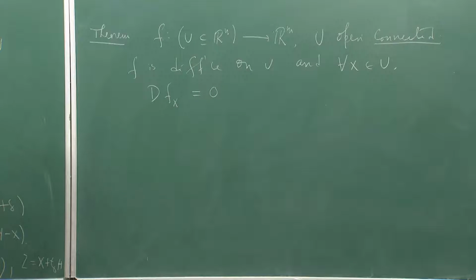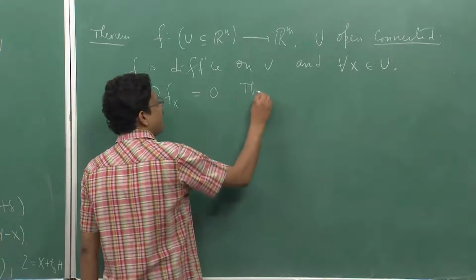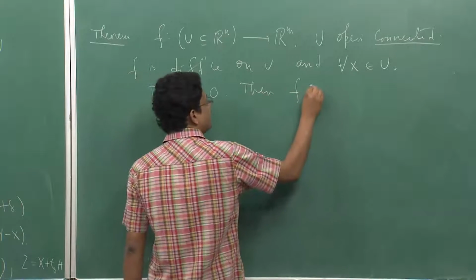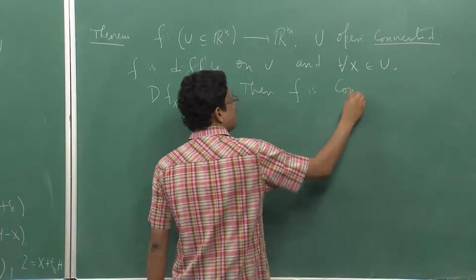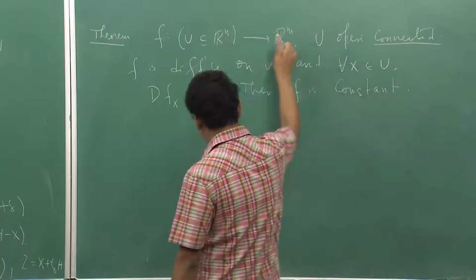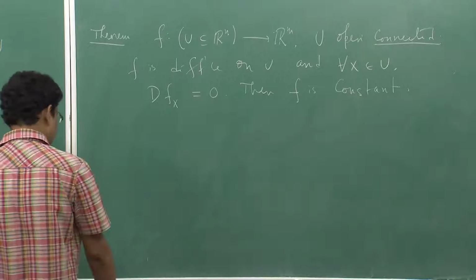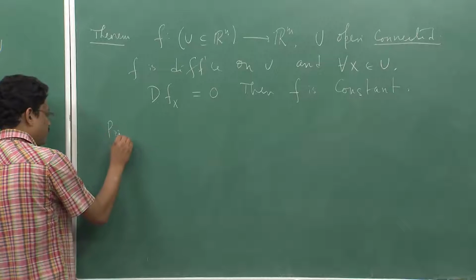So, as a linear operator, this is 0. dfx is a linear operator from Rn to Rm. So, as a matrix, m cross n, it is 0. Then f is constant. There is a constant, a fixed vector in Rm, and this is a direct application of MVT. How? Proof.